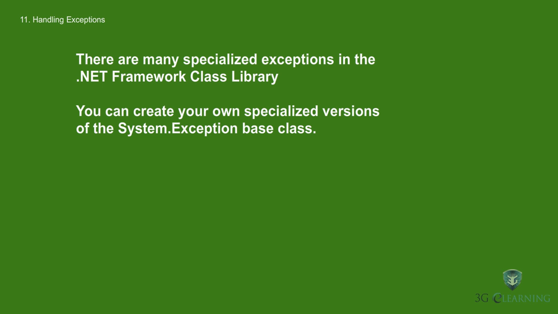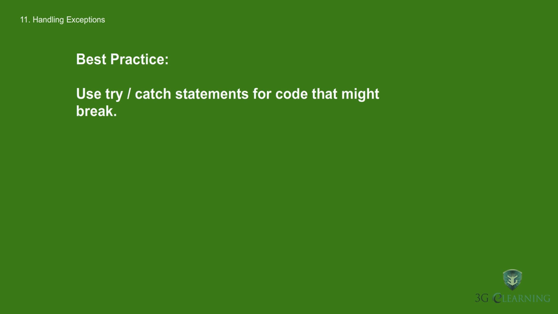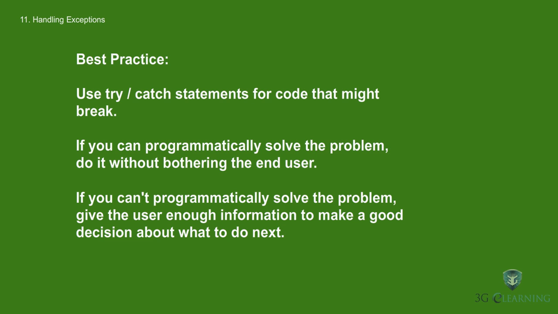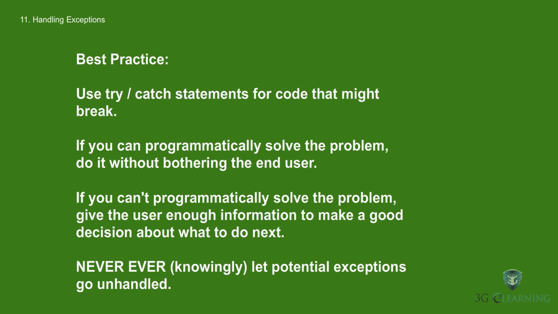Now we'll discuss that you should anticipate the problems that can occur within your applications. Once you've anticipated those, then you need to write try-catch code around those possible problems. Ideally it would be great to resolve the problem without involving the user. However, if the user is needed to resolve the problem where they may have to choose another file, then that's also fine.